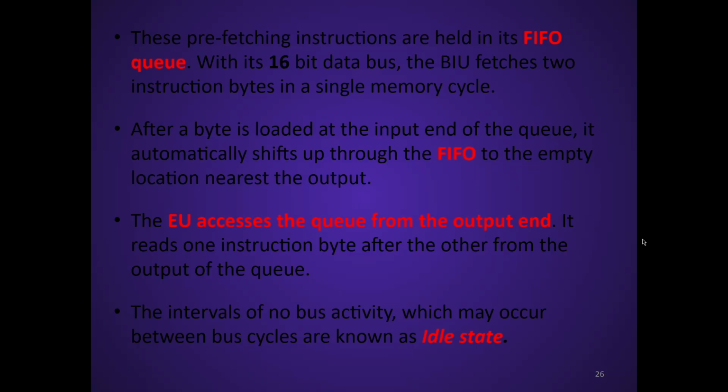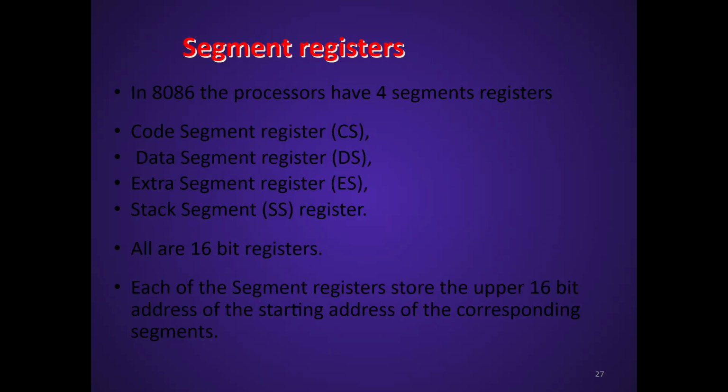Queue is nothing but FIFO, first in first out. The first instruction will enter and be executed, and then it will go out immediately as an output of the architecture, and then it will go to the EU for access of the output end. It might go idle if there are no buses or there are intervals in between.